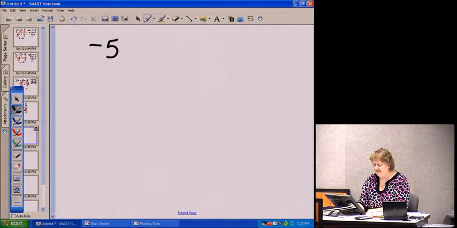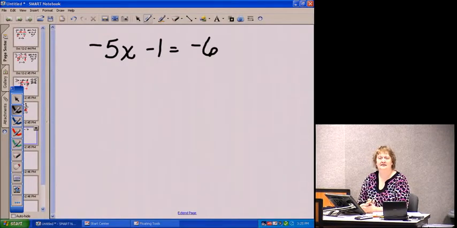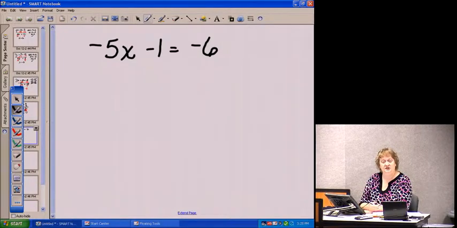Negative 5x minus 1 equals negative 6. We have negative 5 times x minus 1 equals negative 6. So to solve this one, we want to move the negative 1 over or undo it. So we're going to do it as its opposite.